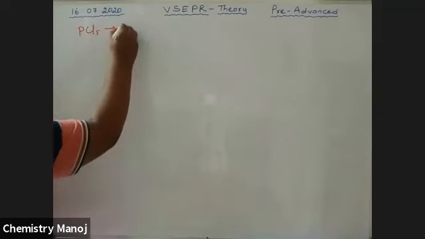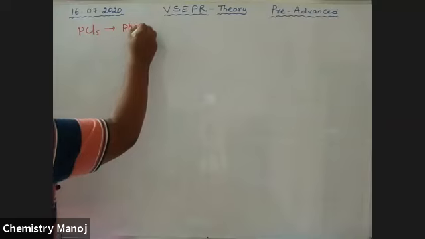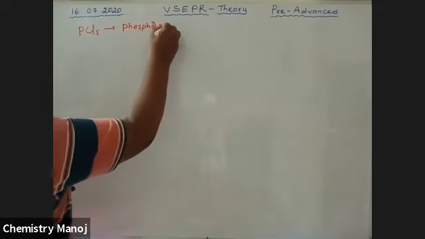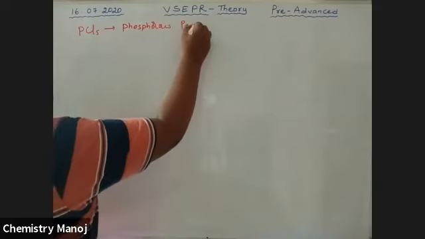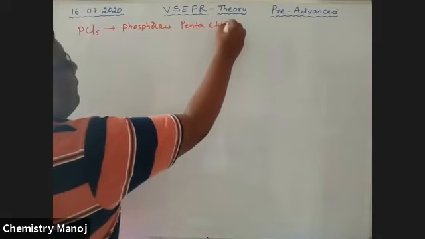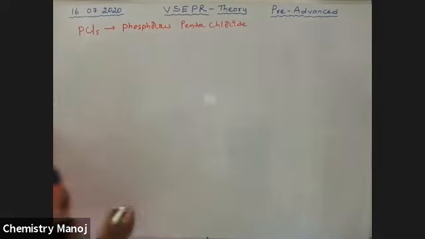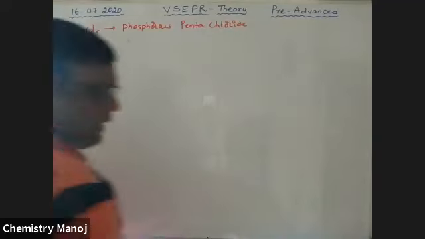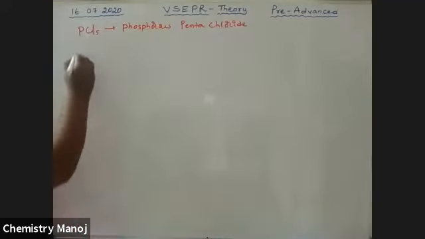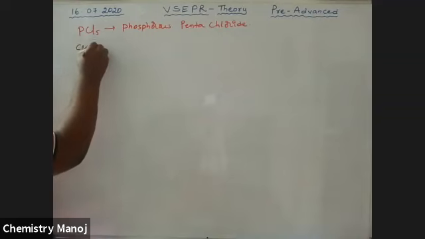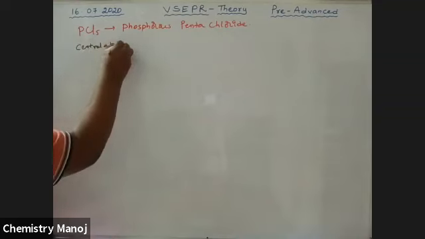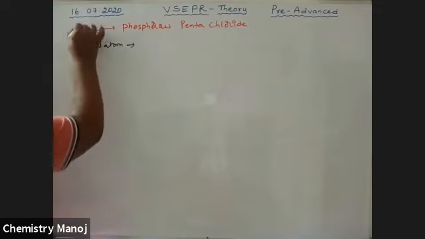PCl5 is called phosphorus pentachloride. Here the central atom is phosphorus, because hybridization is possible only at the central atom.